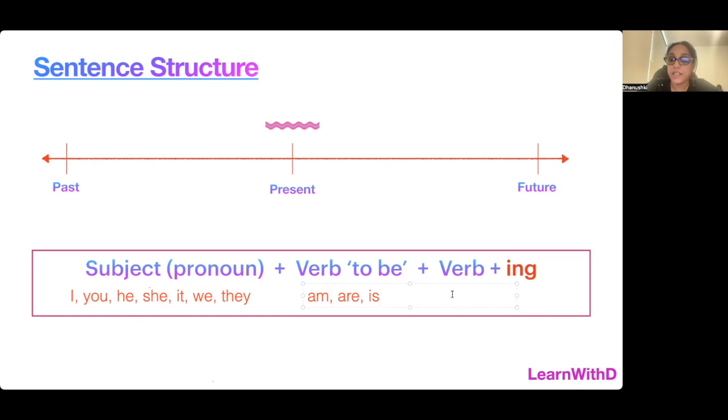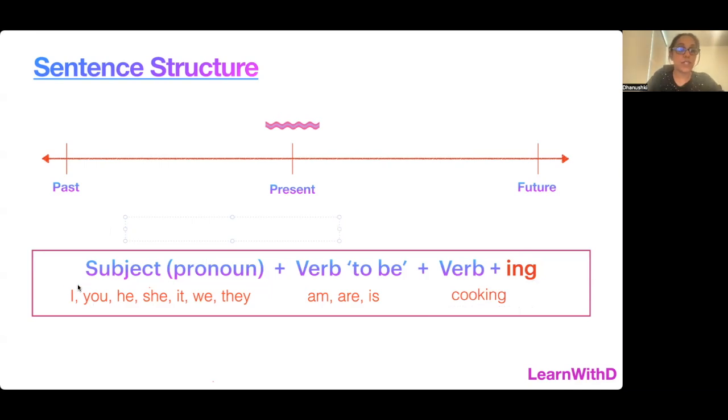So let's take any verb. Let's take the verb cook. That's the verb. And as it says over here, we add the ing. All right. So let's make a sentence.